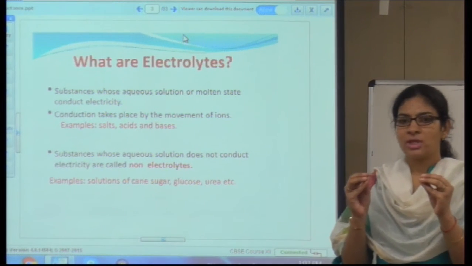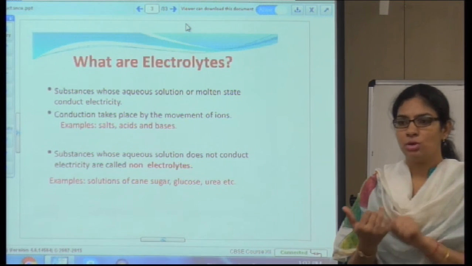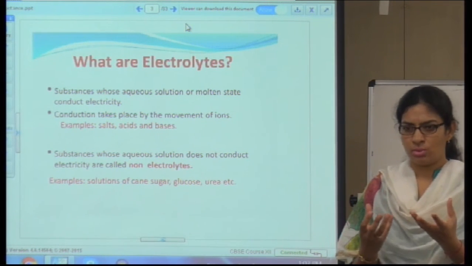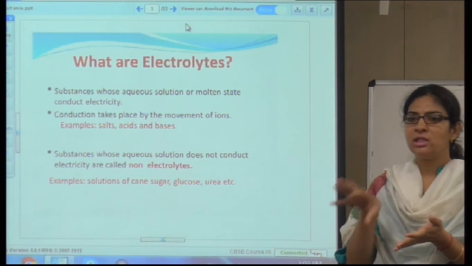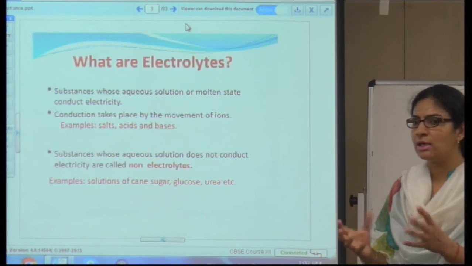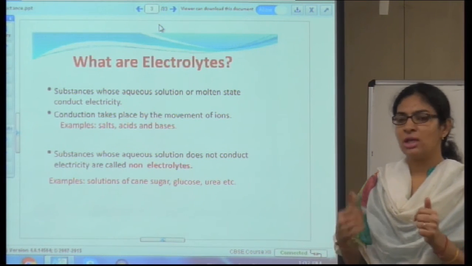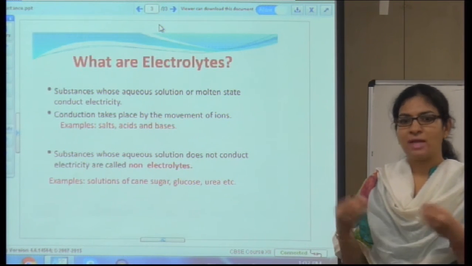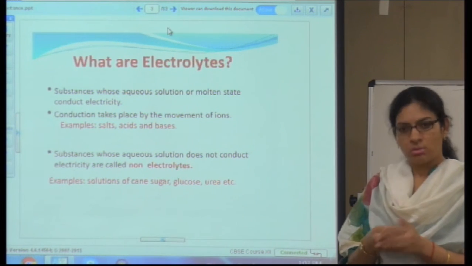Those substances which, when taken in aqueous form, or in molten state, the liquid form of some salts, and then electricity is passed through them, split into ions. They decompose into ions, and those ions are responsible for conduction. Such substances which decompose into different ions on the passage of electricity are known as electrolytes.